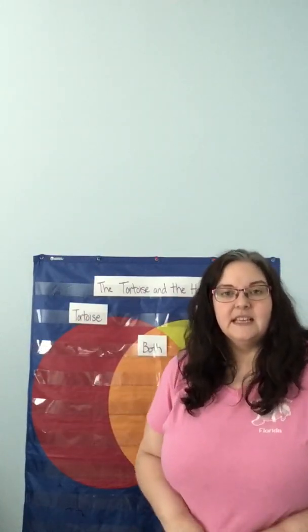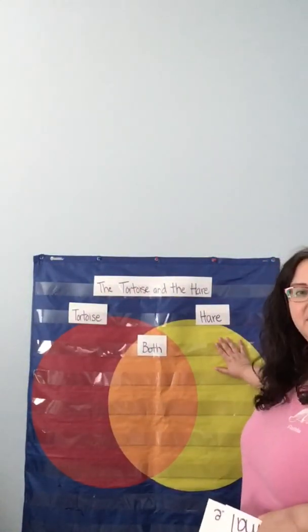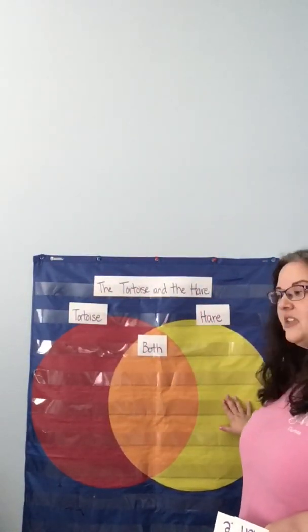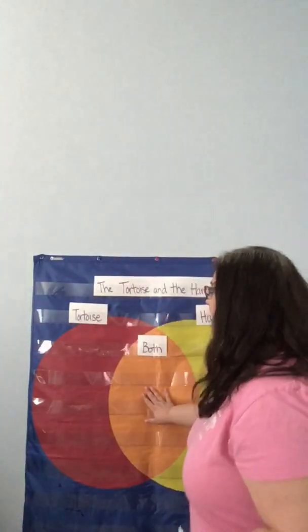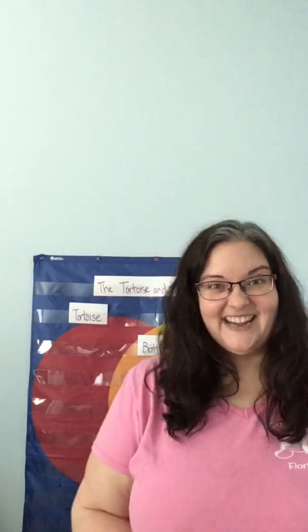If it's true about only the hare, only the rabbit, you're going to say hare, and we'll put it on the right side under the yellow one. If it's true about both the tortoise and the hare, you're going to say both, and we'll put it in the middle. Are you ready to help me?